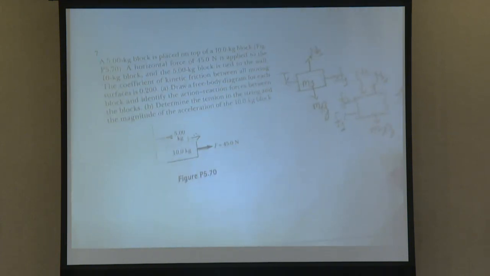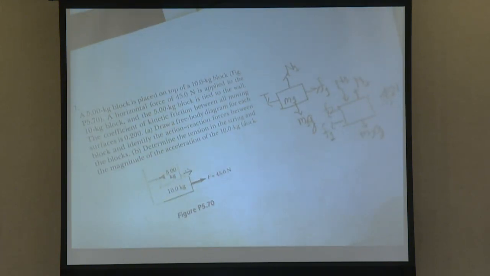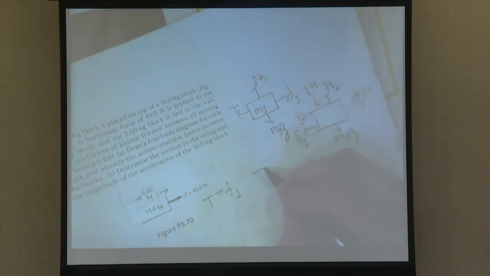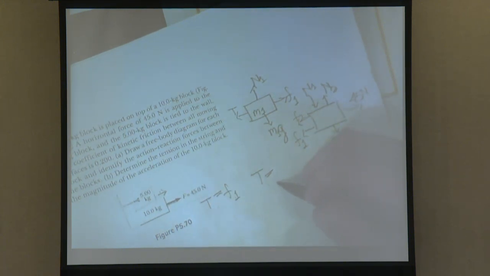Okay, so looking at block 1, the only forces in the x direction we have are the friction force and the tension. So that means that tension is going to be equal to the friction force. We can find the tension by finding the friction force. So we know that the friction force is going to be μ m1g.